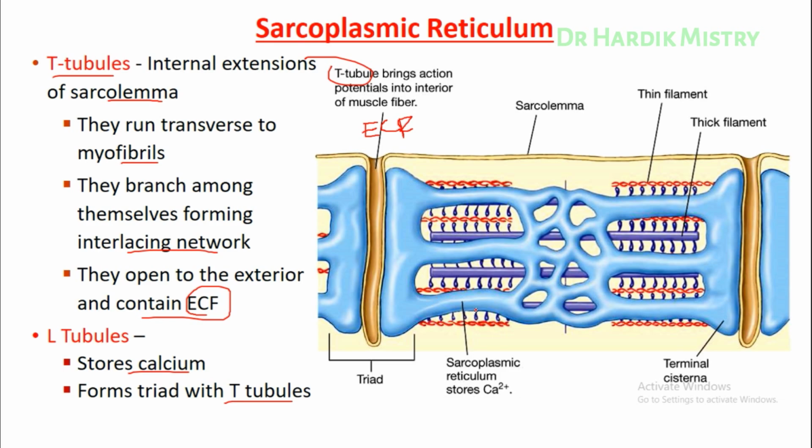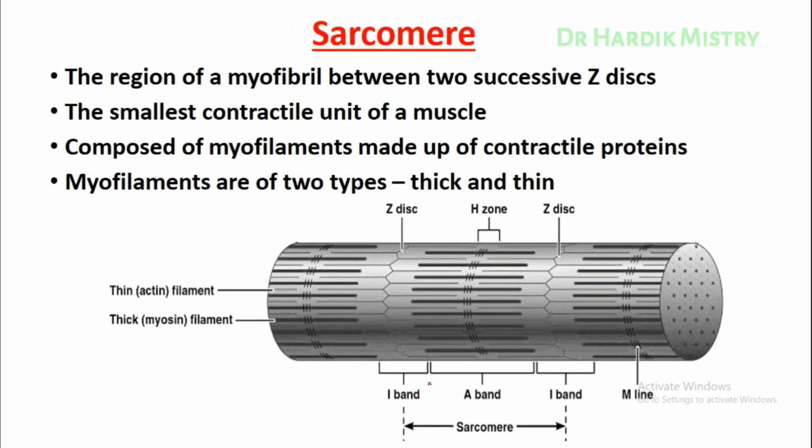Here these are the L tubules which store the calcium. Here it is the T tubule and here it is the L tubule, so it forms a triad-like structure. We will see later on the importance of this sarcoplasmic reticulum and its specific structure.